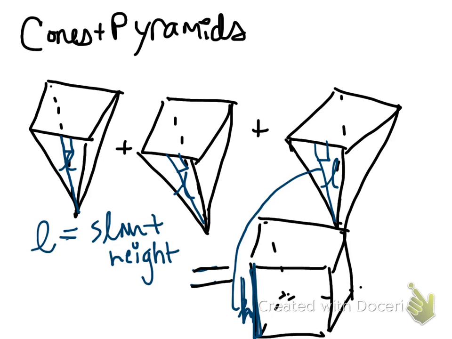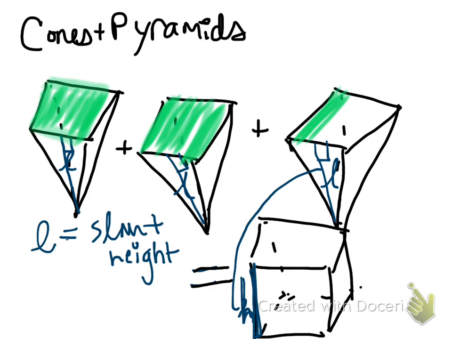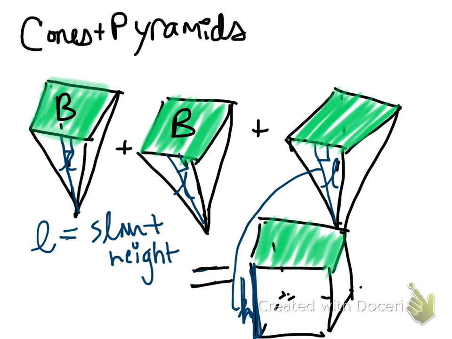And if the base here and in all of these is equal, it's equal to this same base over here. So that's your base area, and your slant height is equal to the height. So we can add these three pyramids to equal one rectangular prism.